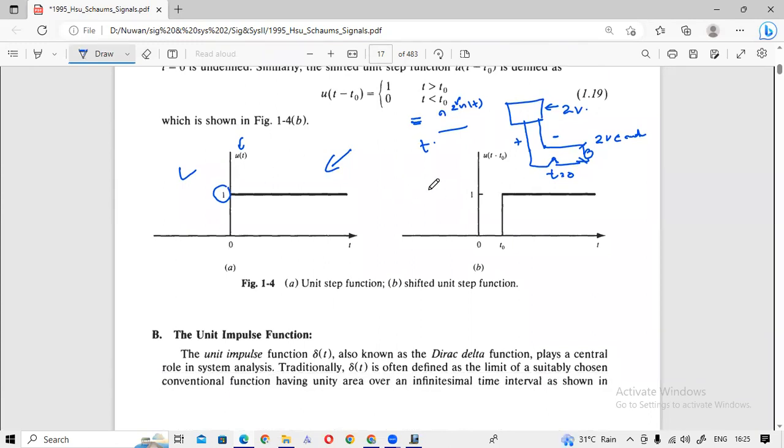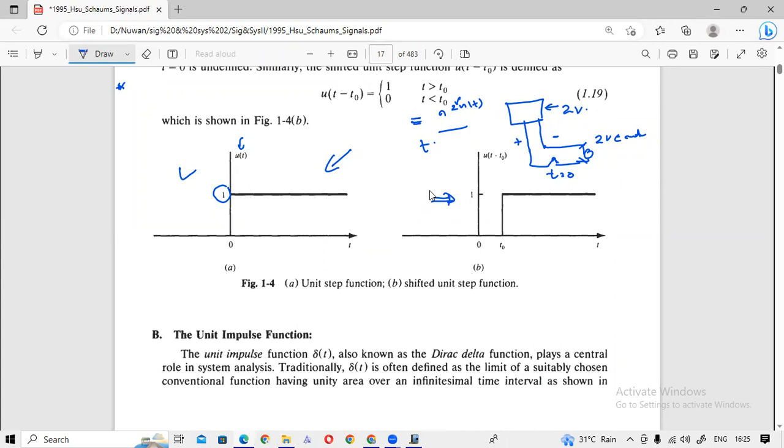And this is the shifted unit step function. So we are applying the time shifting techniques here, time transformation techniques. I think we have learned three types of time transformation: time shifting, time reversal, and time scaling.